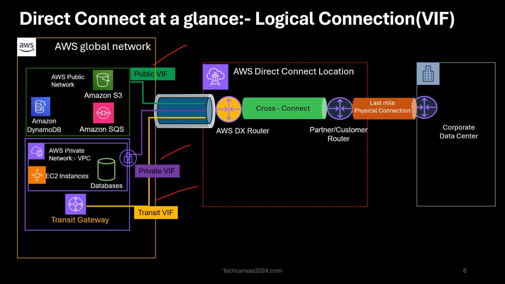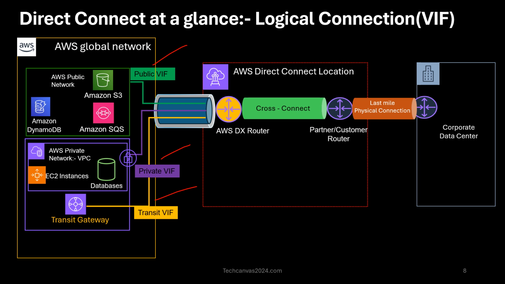The public interface allows access to public AWS services such as Amazon S3, DynamoDB, and SQS over public IP addresses. The private VIF allows access to your private VPCs, like EC2 instances and databases, over a private IP connection.